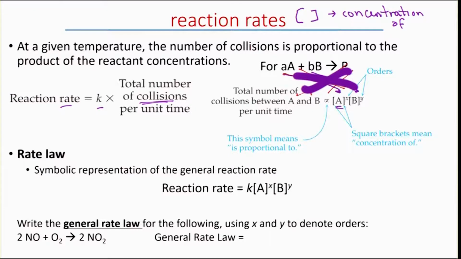You cannot do that. That is not how that works. How do you find those orders? These are the numbers here, the X and Y. These have to be found experimentally.